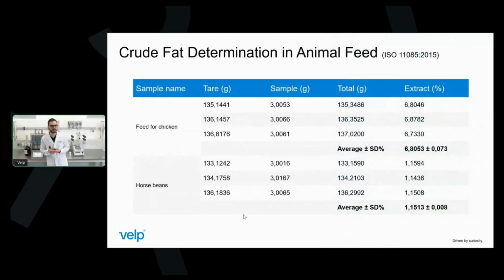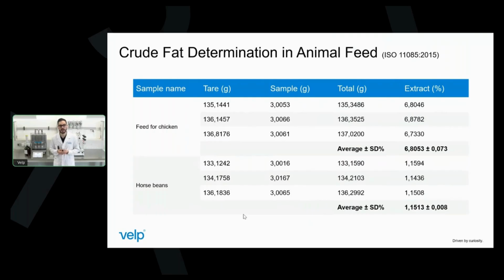Now we can see in this table some results that we have collected in our analysis. This analysis was performed in accordance with ISO 11085 of 2015, and we have extracted two different matrices, a feed for chicken and a horse beans.